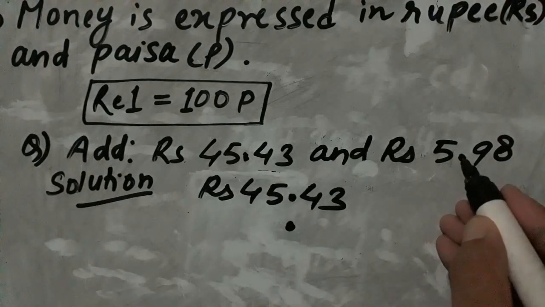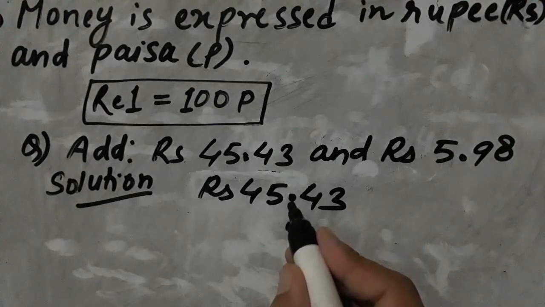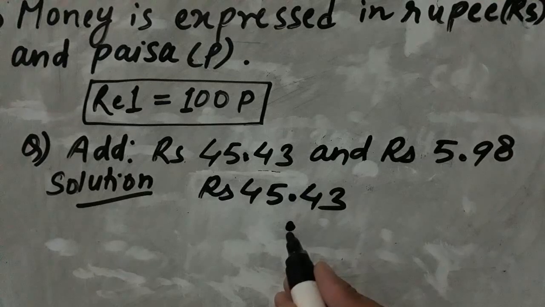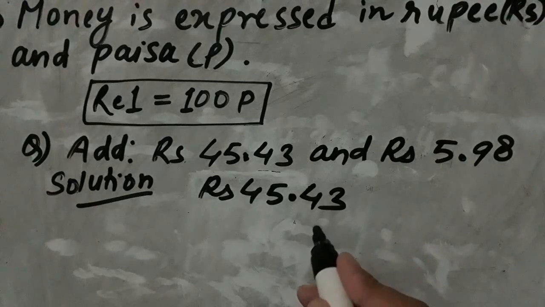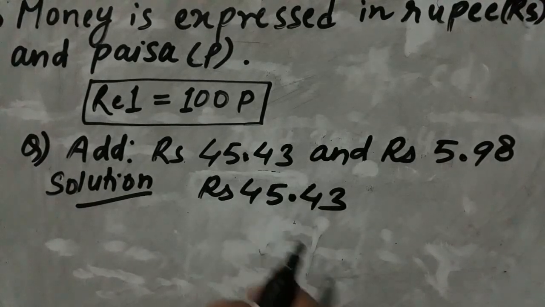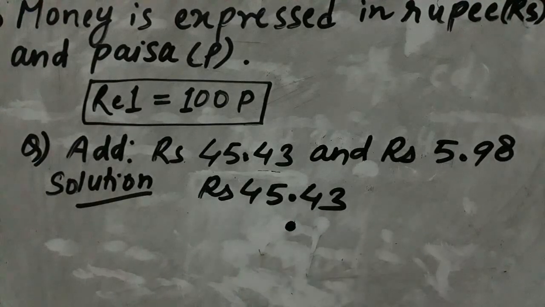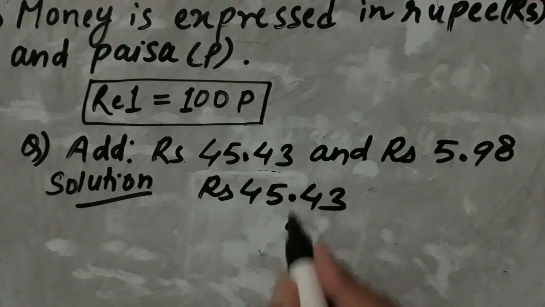The other decimal must lie just below the first one, students. We are not supposed to put the decimal over here or over here. The decimal should be just below the first one, in a straight line.